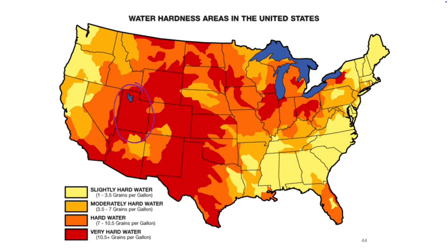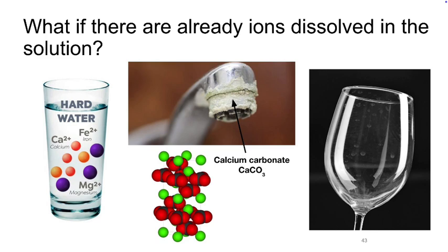Okay, if that's Utah, what are our taps probably going to look like? Probably like that, unless that particular household has a ton of money and they remove all the ions before it makes it into their household.